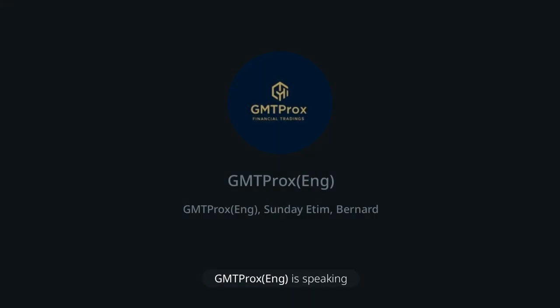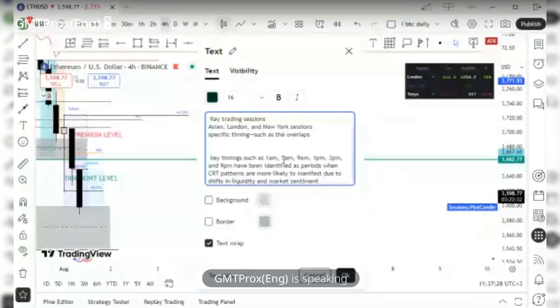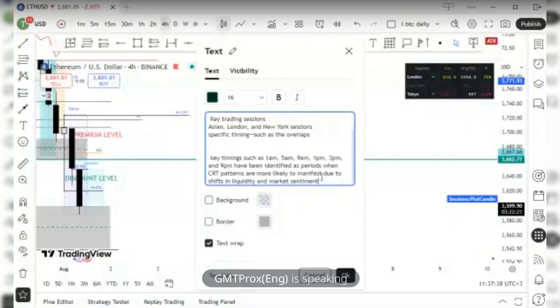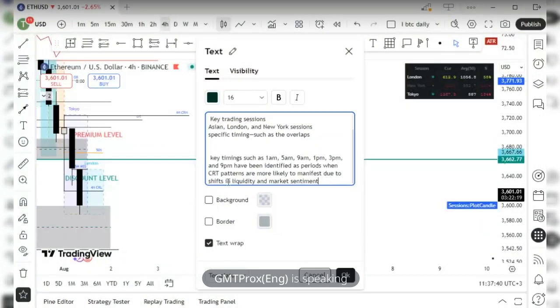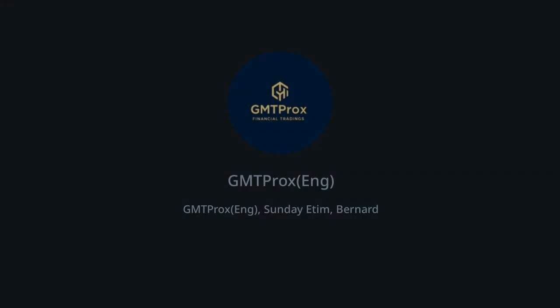The key times such as 1 a.m., 5 a.m., 9 a.m., 1 p.m., 3 p.m. and 9 p.m. have been identified as periods when CRT patterns are more likely to manifest due to shifts in liquidity and market sentiment. So you can backtest this.